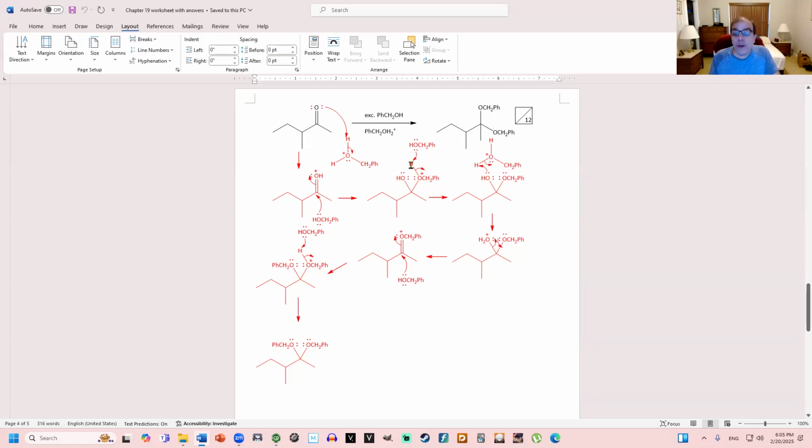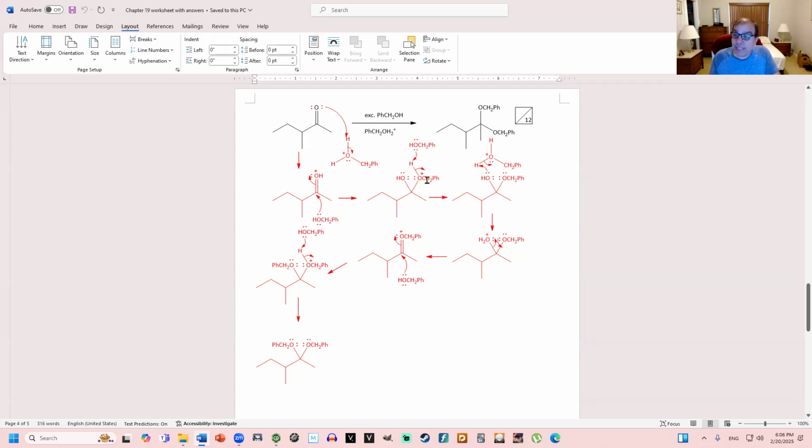We need to pull off the proton on this oxygen in order to make that oxygen go from a charge of +1 to 0. And now all we need is a base that can do that for us. And the way to find the base is, again, look at what you're given and pick whichever species has the most electron density on it.